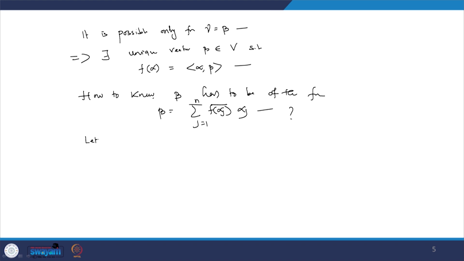Let alpha and beta belong to V, and let me consider with respect to an orthonormal basis alpha equal to sigma xi alpha i, i equal to 1 to n, and beta equal to sigma yj alpha j, j equal to 1 to n.